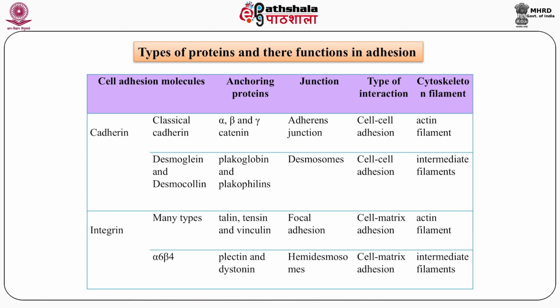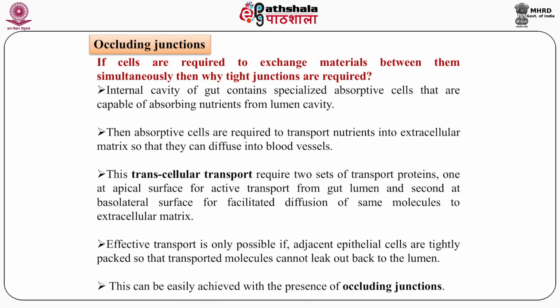Another junction that we call the occluding junction, or tight junction. If cells are required to exchange materials between them simultaneously, then why are tight junctions required? The answer lies in the internal cavity of the gut, which contains specialized absorptive cells that are capable of absorbing nutrients from the lumen. Then the absorptive cells are required to transport nutrients into the extracellular matrix so that they can diffuse into blood vessels.